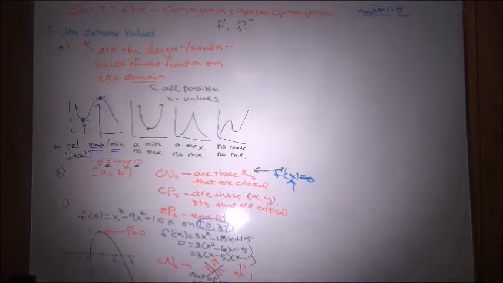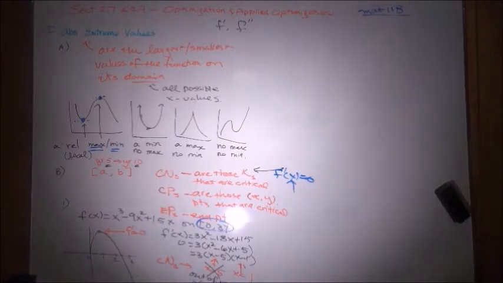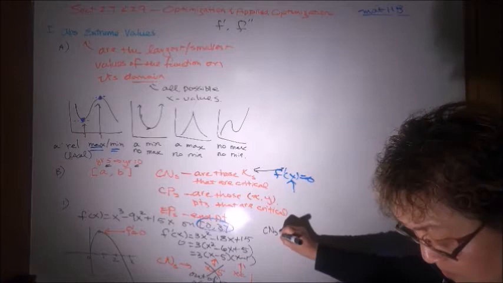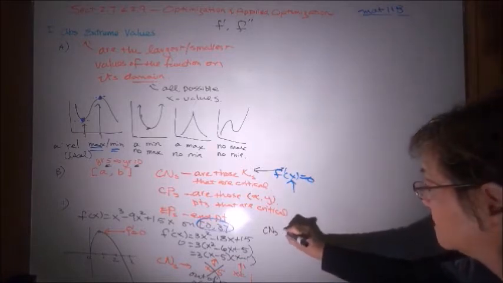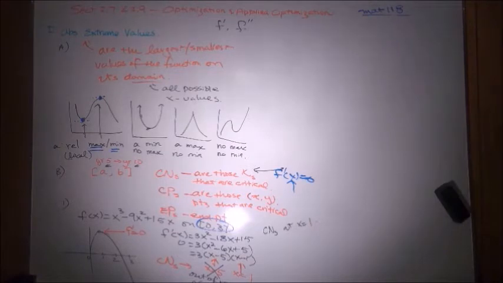So our critical number is at year 1, so our critical number would be at x is 1. Is that right?